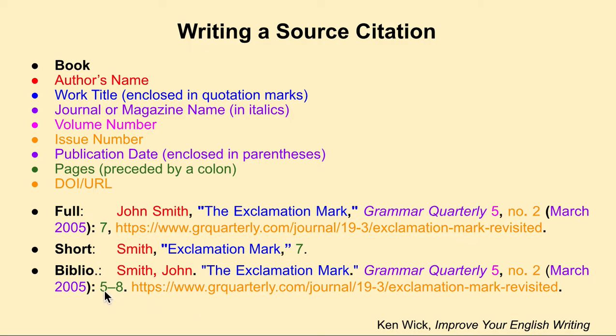So you put the full range. That's probably one of the key differences: for a journal or magazine, you put the full page number range of the article, and then you have the URL here. So that's how you format not a book, but a journal or magazine. Sorry about that. Hopefully I didn't make that mistake on the next slide.